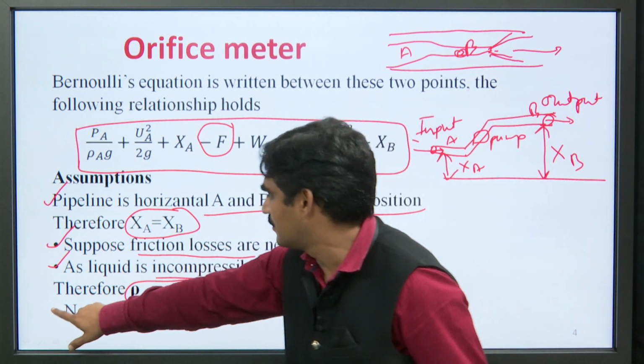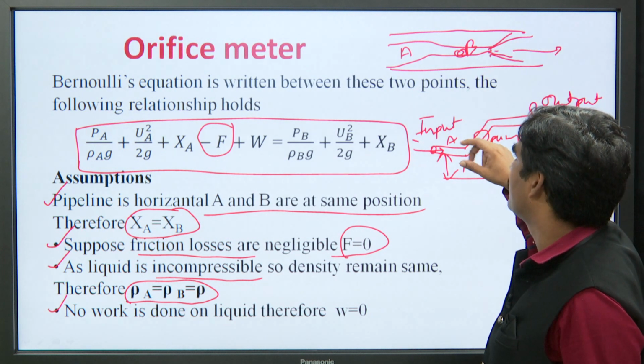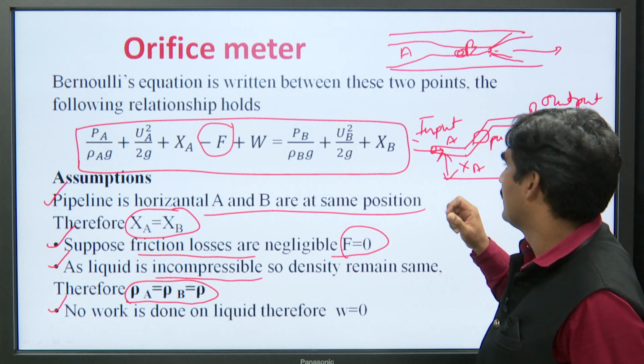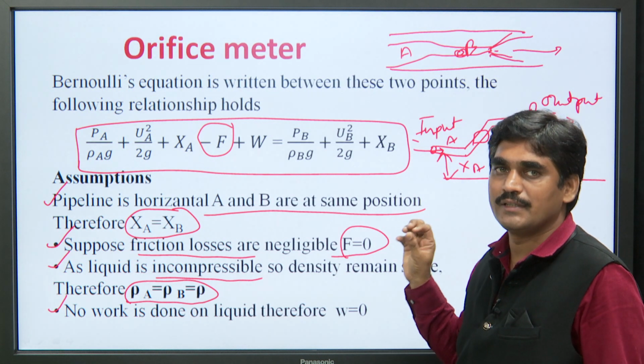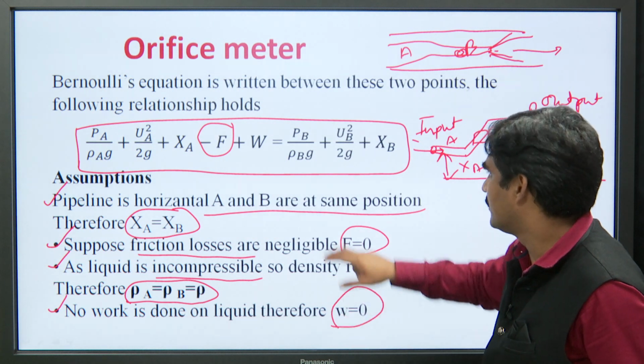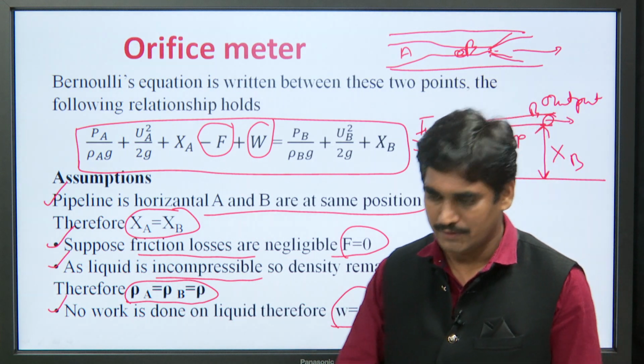Again, in this case the pump is not used for the flow of fluids, that means no work is done by the pump. So, W will also be equal to 0 in this equation.